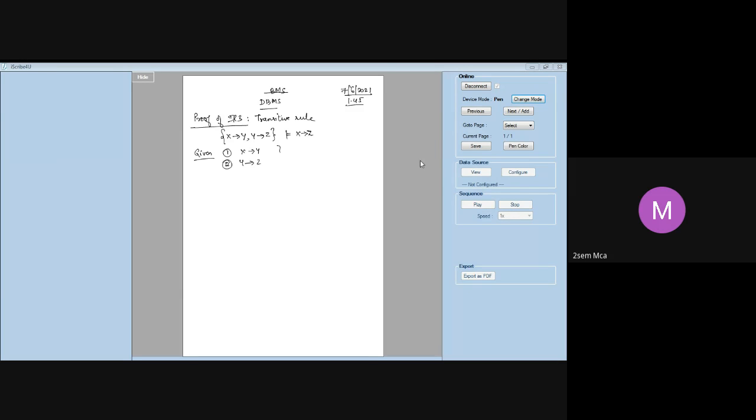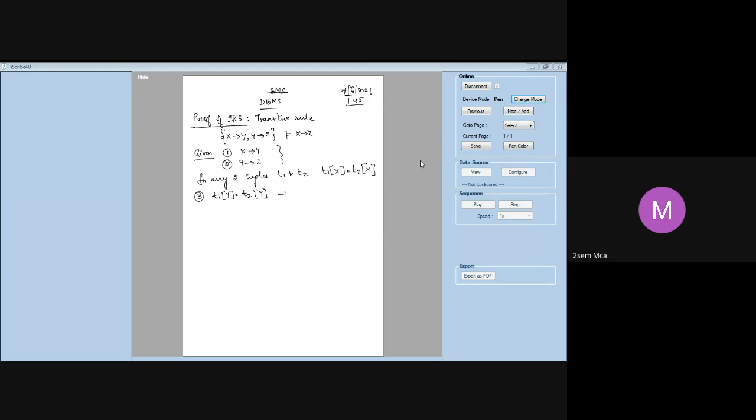Now these two hold in a relation R. Then for any two tuples T1 and T2 in R, such that T1 of X is equal to T2 of X, then we must definitely have T1 of Y equal to T2 of Y.